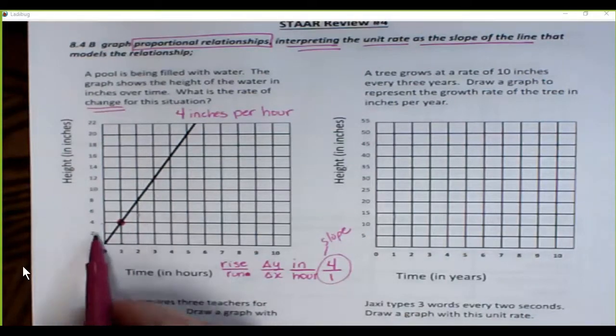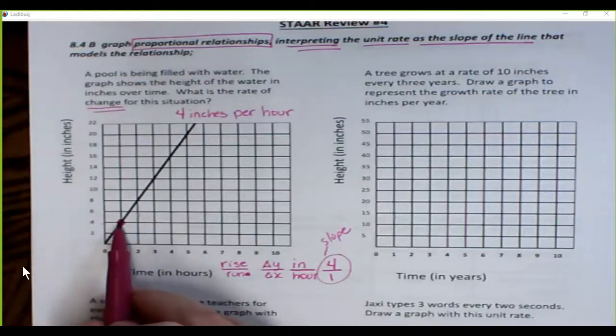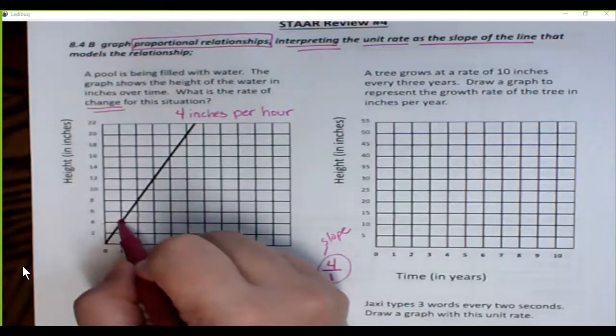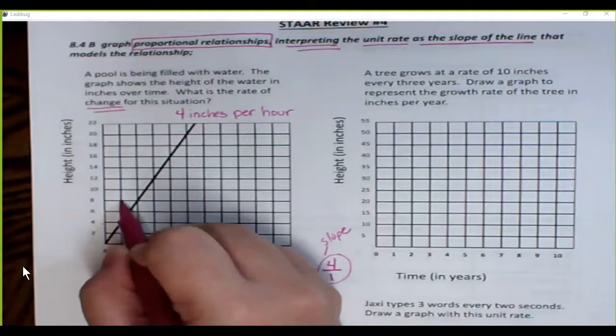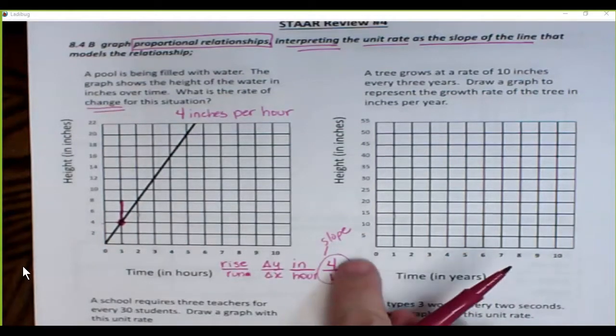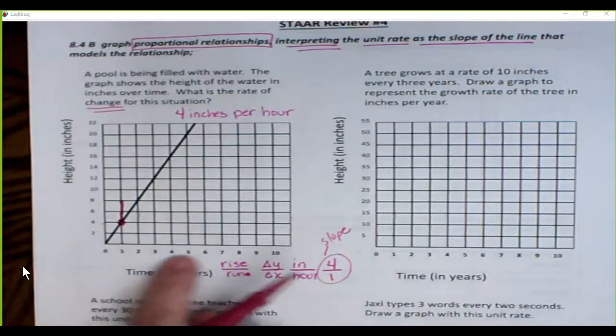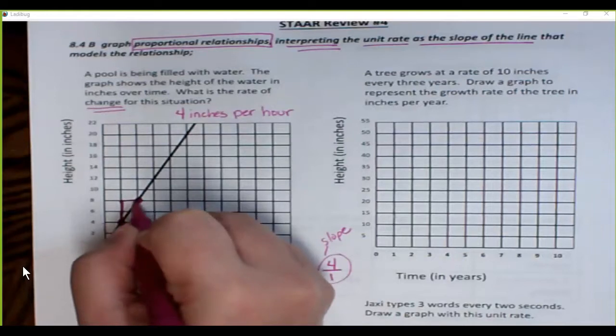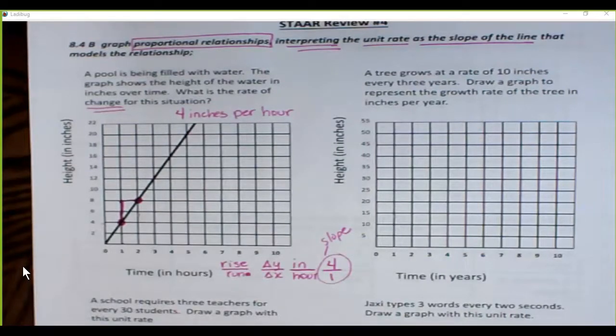It's counting by 2, 4, 6. So how many blocks am I going to move to rise up 4, a value of 4? I'm going to rise up 2 spaces. There's 2 and there's 4. My rise is 4. What's my run? 1. And my x's are counting by 1. So I go over 1. Oh, looky there. That should be a pretty point. Do you think I could do it again and find another pretty point?